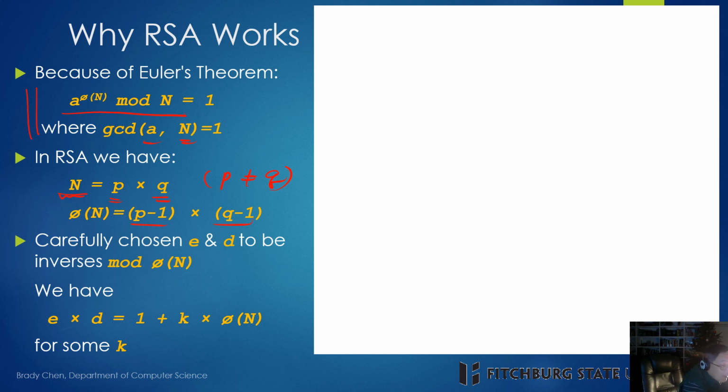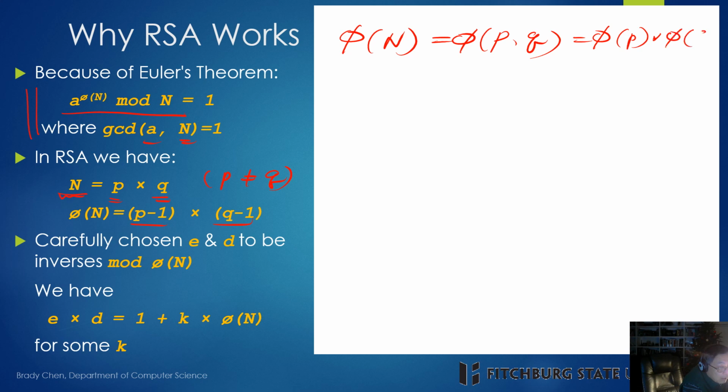We can easily see this, because phi of n is phi of p times q, because n is p times q. Because p and q are prime numbers, we can calculate phi of p times phi of q. Since p is prime, phi of p is p minus 1, and since q is also prime, phi of q is q minus 1.